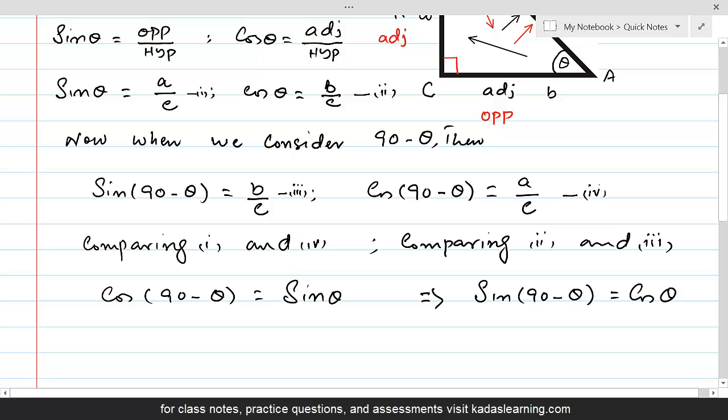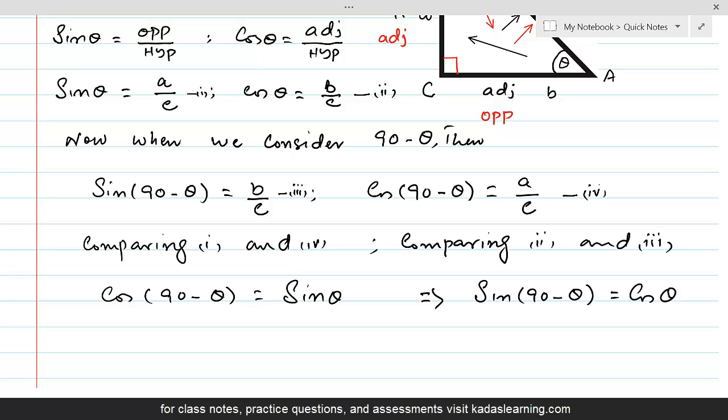90 minus theta is an angle which belongs to quadrant 1, where all the trigonometric ratios, sine, cos, tan, and the reciprocal trigonometric ratios like cosecant, secant, and cotangent are all positive. Therefore, we don't need to worry about their signs.